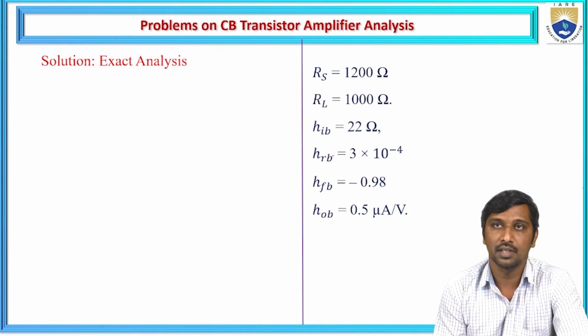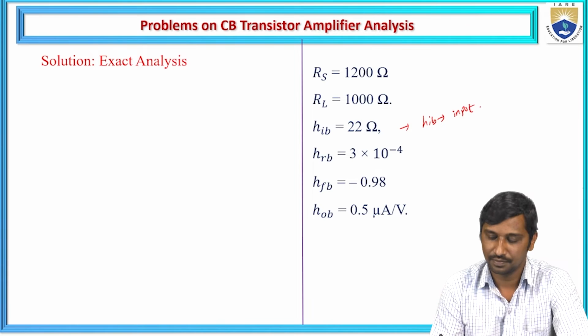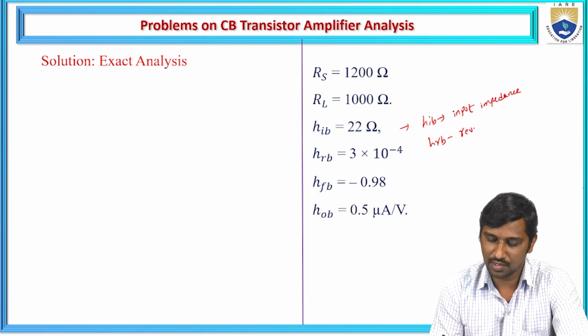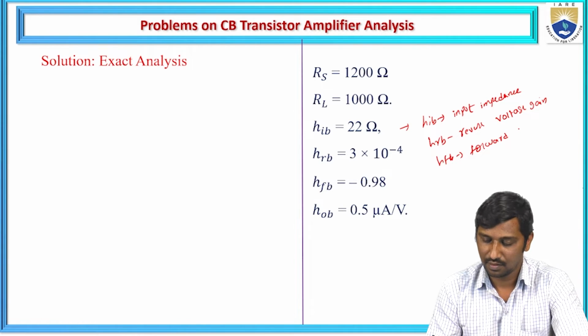And the four H parameters: HIB means input impedance, HRB means reverse voltage gain, HFB means forward current gain, and HOB means output admittance.